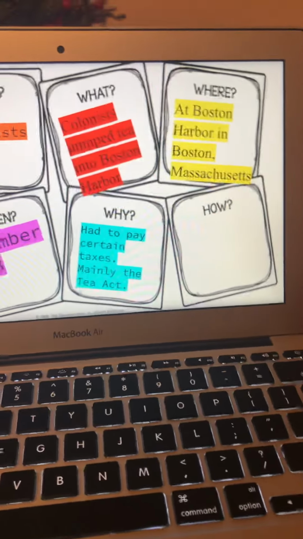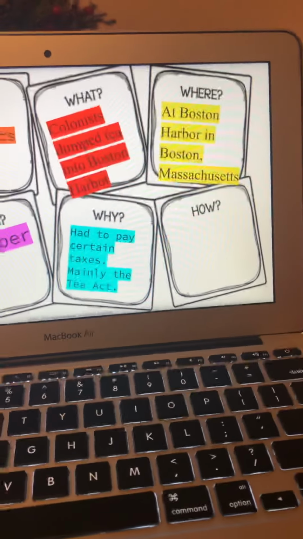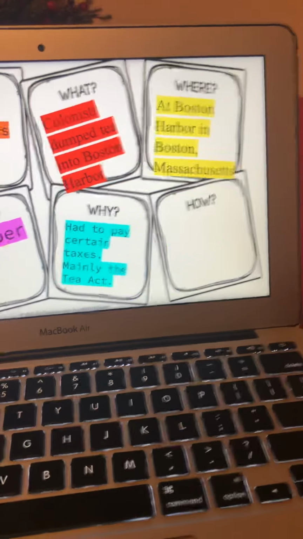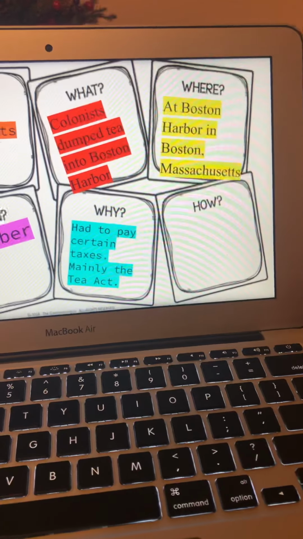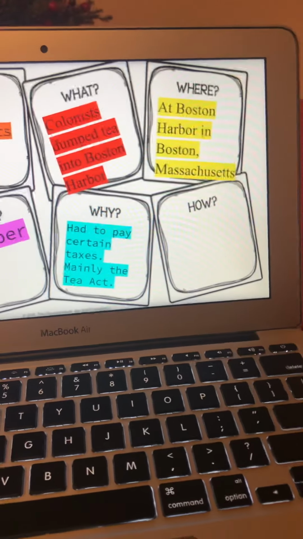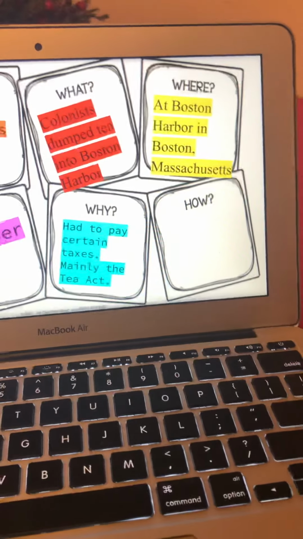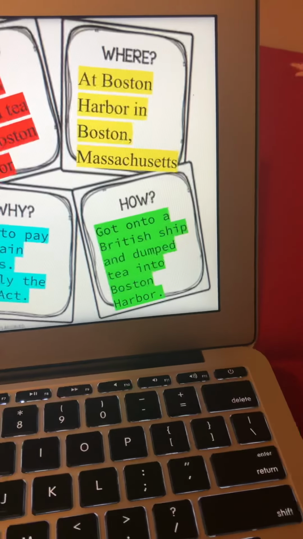I'm going to let you guys know right now that I'm probably going to start sharing bell ringers with you, because a lot of them will have the questions I ask on the tests. Maybe not worded word for word how the test is, but it's important information to know.